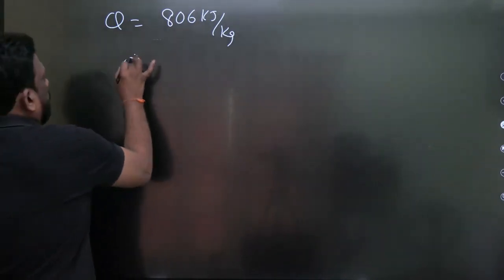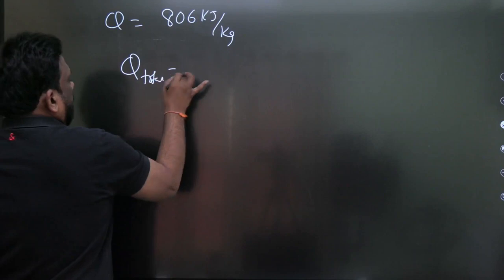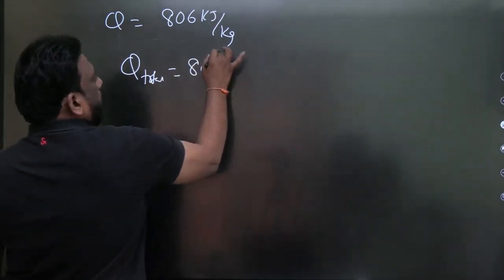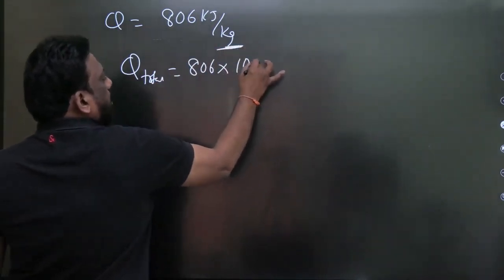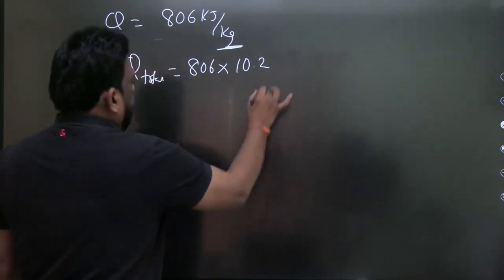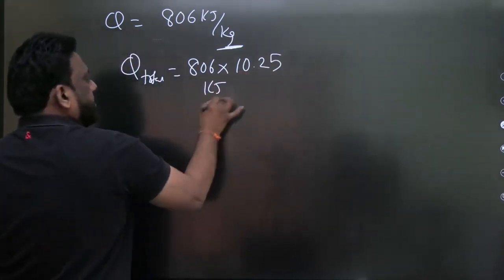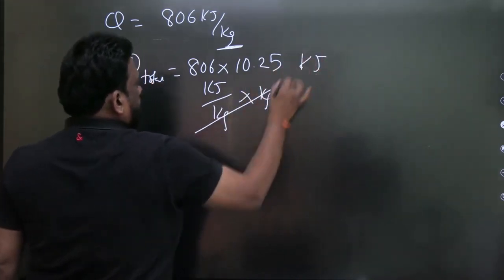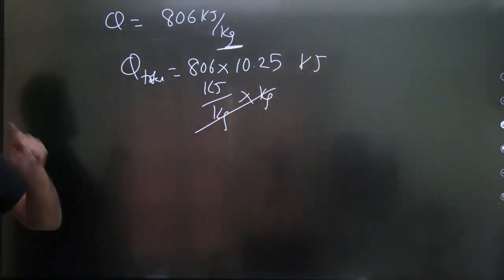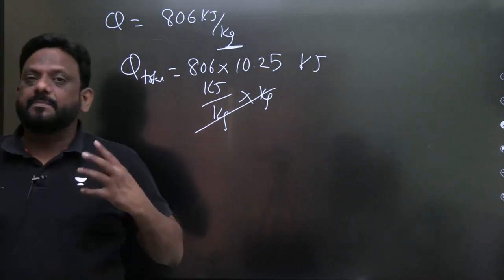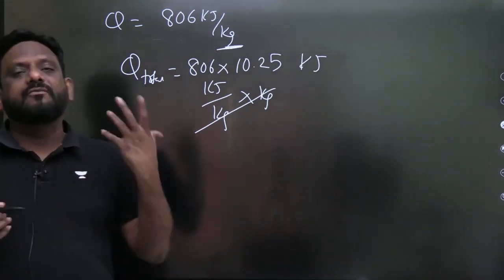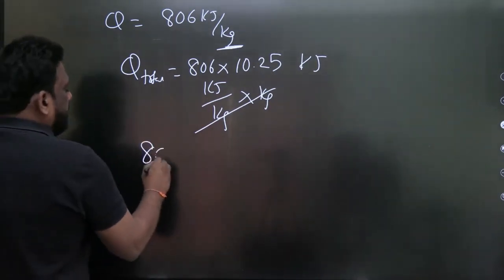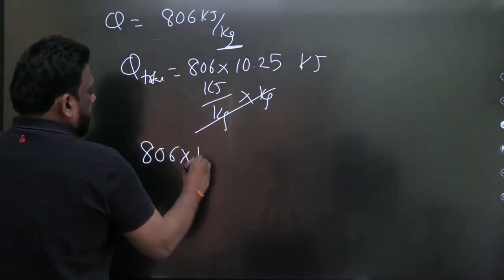Therefore, the total heat transfer will be equal to 806 into, this is for 1 kg, and we got mass as 10.25. If you check the unit, this is kilojoule per kg and this is kg, so the answer will be in kilojoule, but he is asking per hour. All this is taking place in 10 hours. So if you want it in 1 hour, the complete process is occurring in 10 hours.